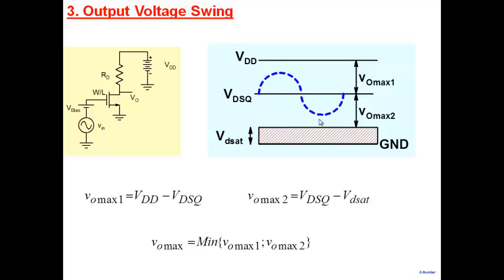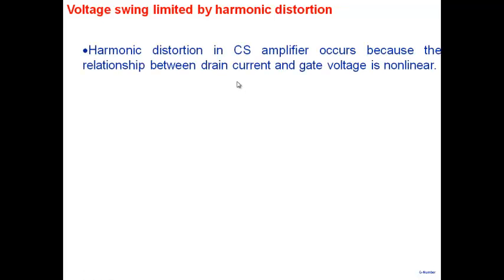But otherwise also, we know that the MOSFET is a nonlinear device. Even though you apply a perfect sinusoid here, the sinusoid that you get at the output is a distorted sinusoid. Okay, and so we have to address the issue of distortion here, and we'll do it in a manner which is similar to bipolar.